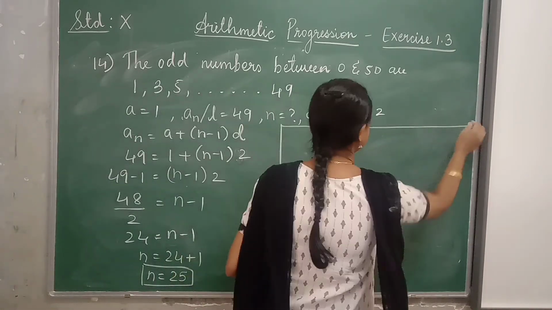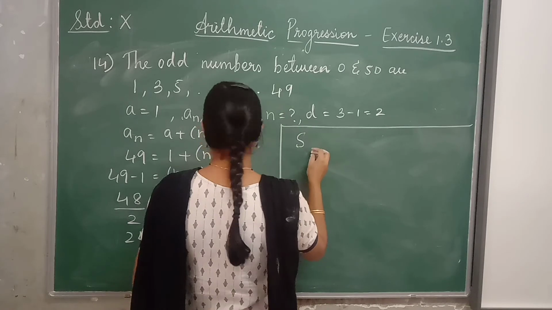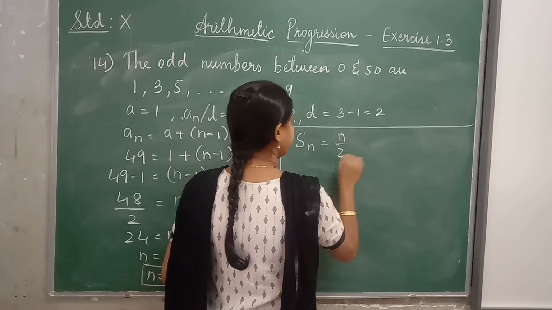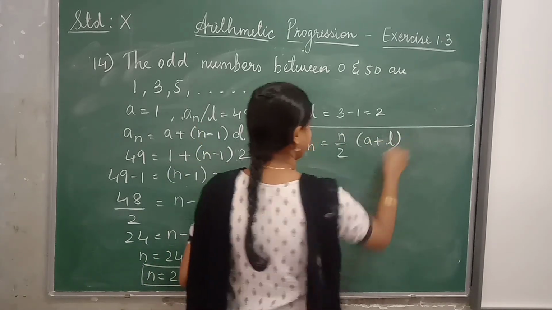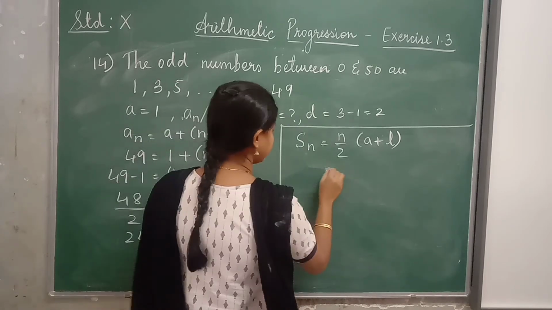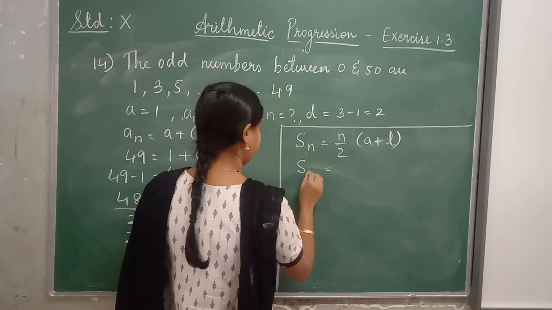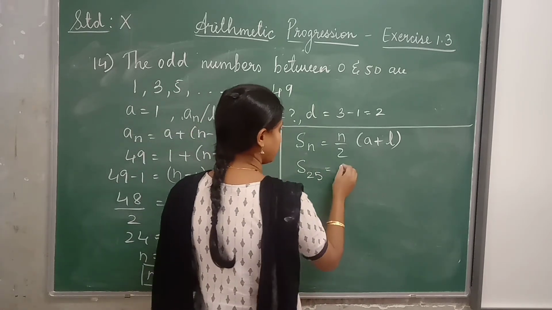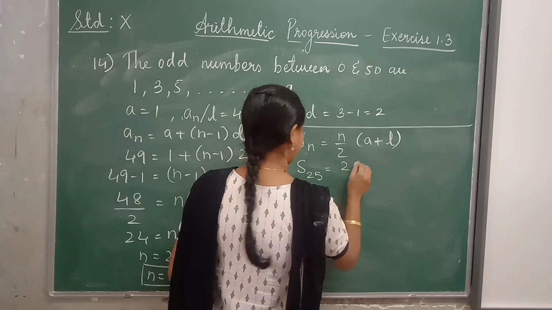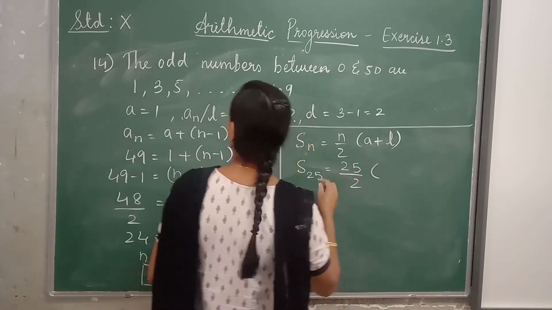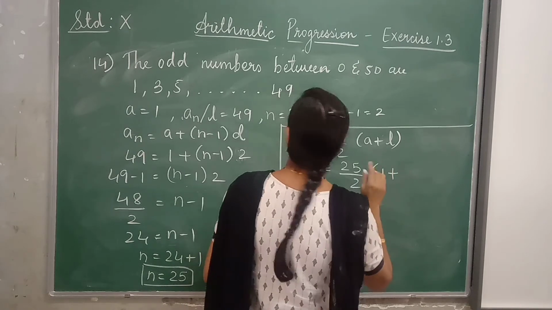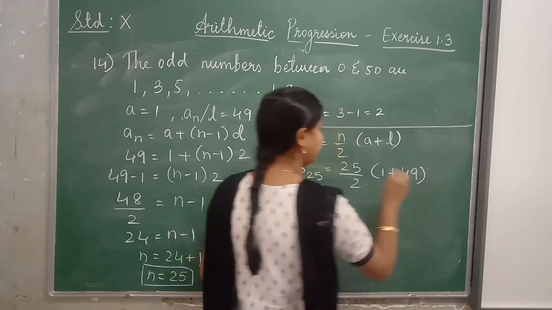Now find the sum. We can use n by 2 into (A plus L) because we need both the first and last terms. We are finding the sum of 25 terms. So n is 25, 25 by 2 into (A is 1 plus the last term 49).